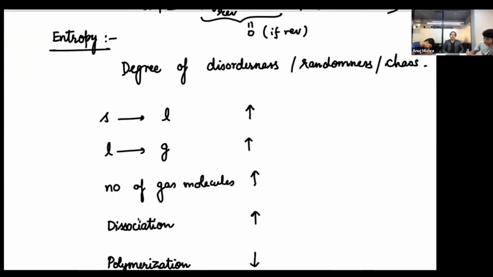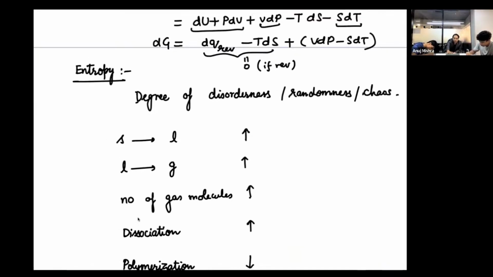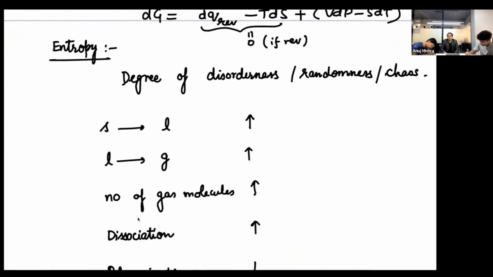Write the heading: entropy. Entropy is the degree of disorderness, or degree of randomness, or degree of chaos. Degree of disorderness, degree of randomness, or degree of chaos.